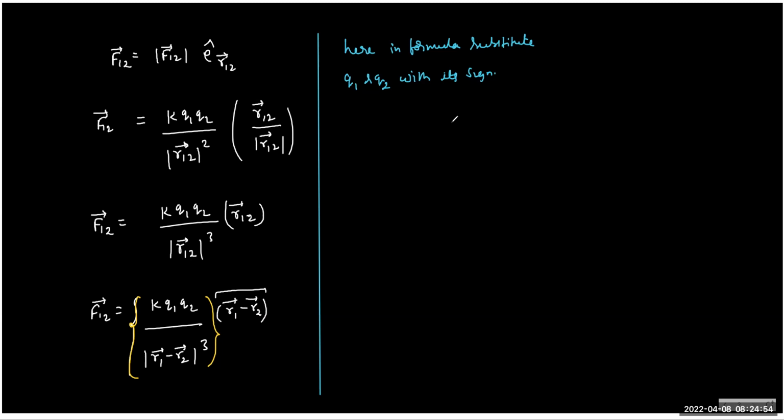So the formula is simple. You just start with the formula. What you need to write is K Q1 Q2 by mod of R whole cube. So you can also write like this: F12 is K Q1 Q2 upon separation whole cube, because we are putting one R vector here also.